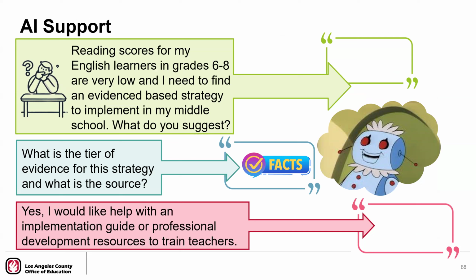And you might pose a question to AI or to Rosie. Following AI's response, it's recommended to inquire about the tiers of evidence and their source, and then to check the facts to verify the project components and related evidence offered through AI.